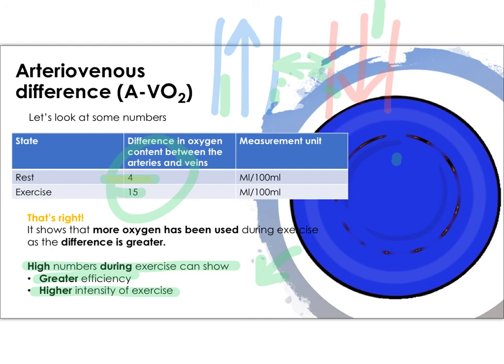So what that means is one person is able to utilise more of that oxygen than another person, and that is because the one person who's got higher numbers has got more capillaries. So if you've got a bigger surface area for diffusion of these gases, then more oxygen can be diffused across in the same period of time, and that's what makes somebody more efficient when they're an athlete.